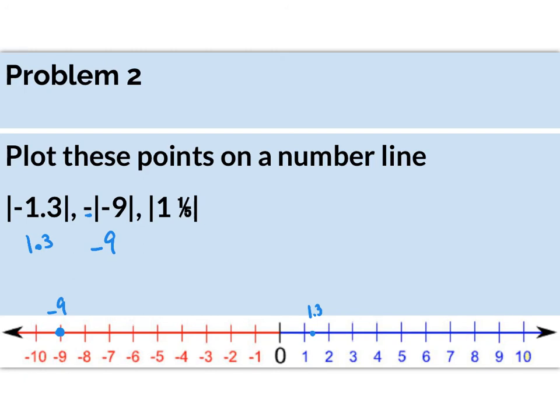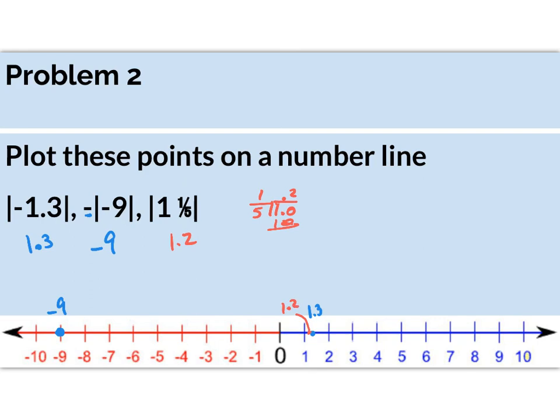So this is where we need our equivalent rational numbers. So that is 1.2. Yep. So 1.2 is less than 1.3. So it's actually to the left. It's bigger than 1, but it's less than 1.3.